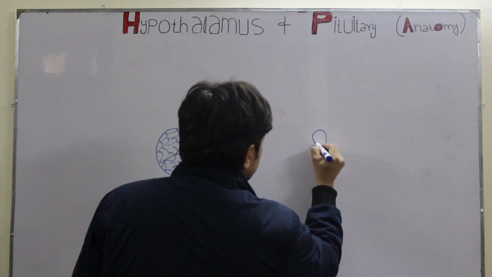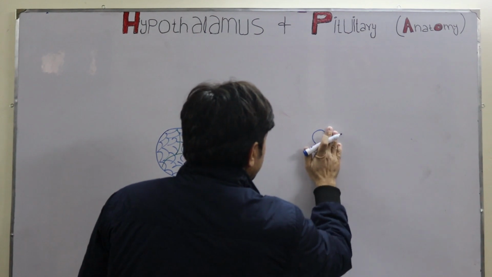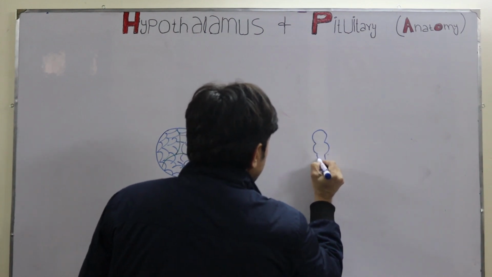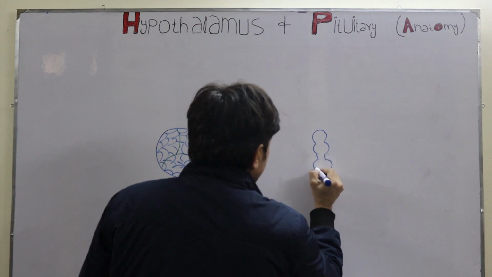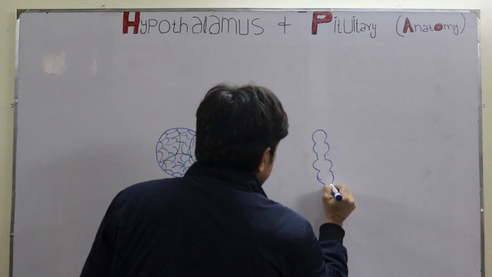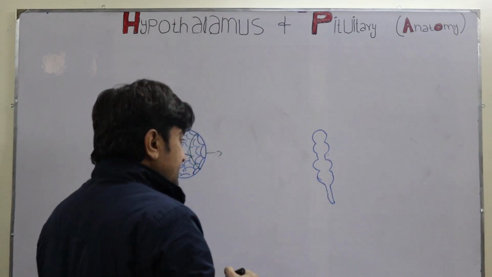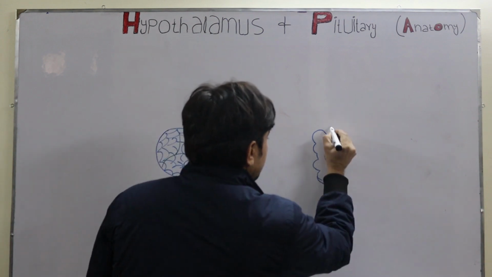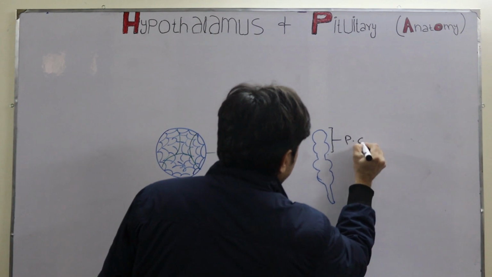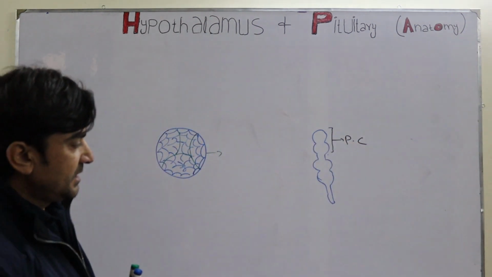This is one vesicle, another vesicle, and here is another vesicle, and here is the spinal cord. The upper two vesicles are called prosencephalon. I will only write the abbreviation because I do not have much space.